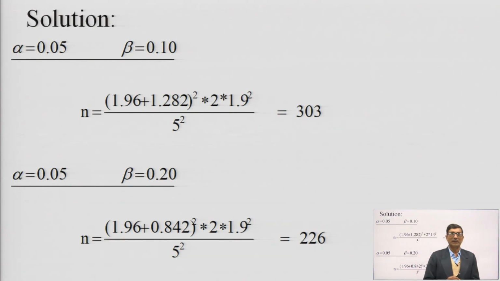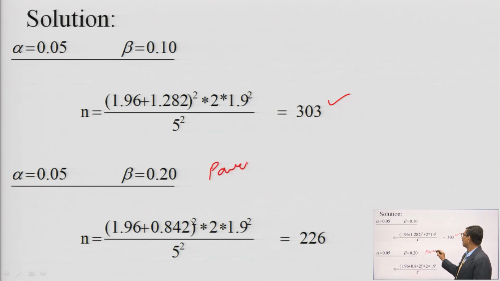So, the formula is (z alpha plus z beta) square into 2 into s square upon d square. If we take alpha 0.05 and beta 0.10, we get the sample size as 303, and if we put alpha as 0.05 and beta as 20%, so power is 80%, we find the sample size is 226.